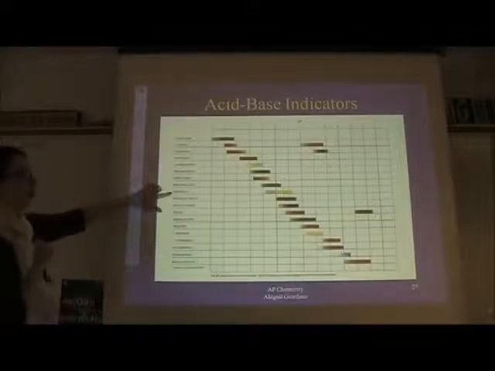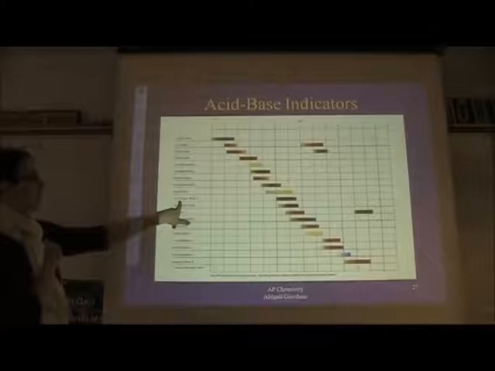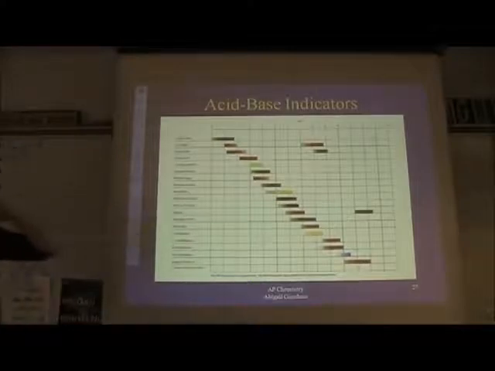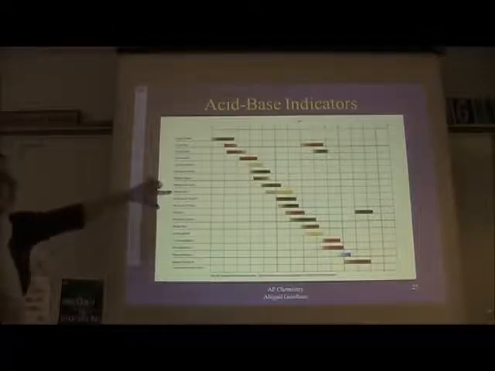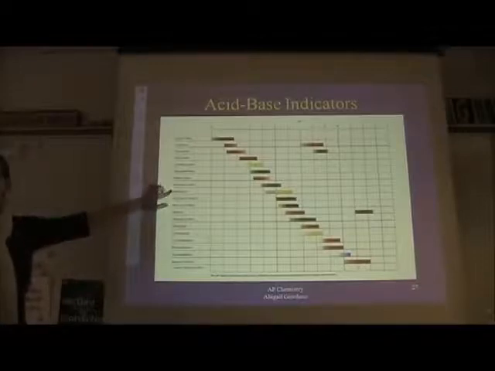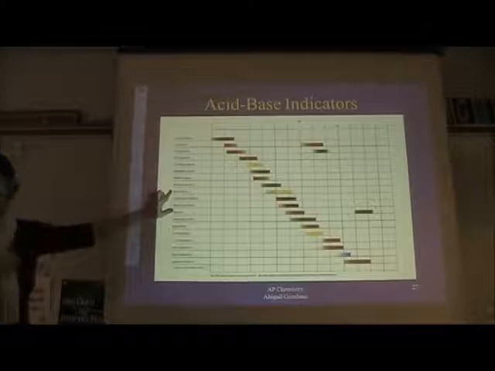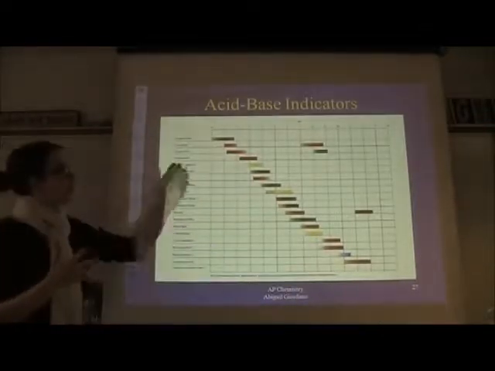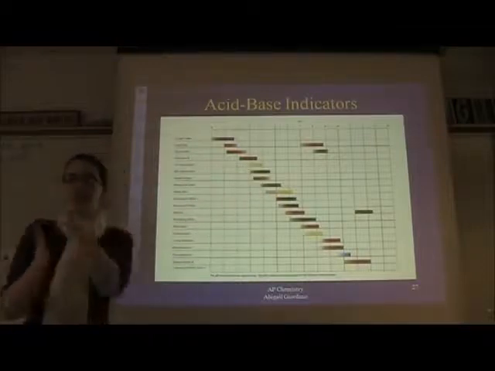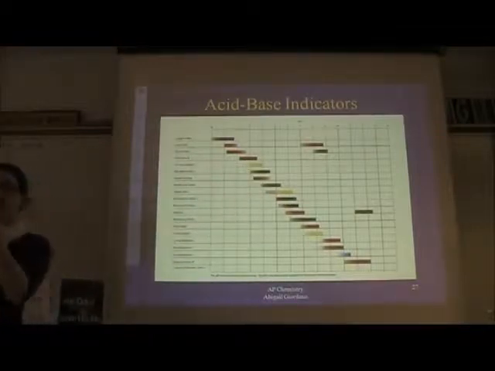You could probably get away with using Alizarin yellow. The best choice of those three is methyl red. Okay. Anybody want to tell me why? Because it falls in the middle of those. Exactly. You are looking for an indicator where the pH at equivalence is as close to the middle of its band as you can get.